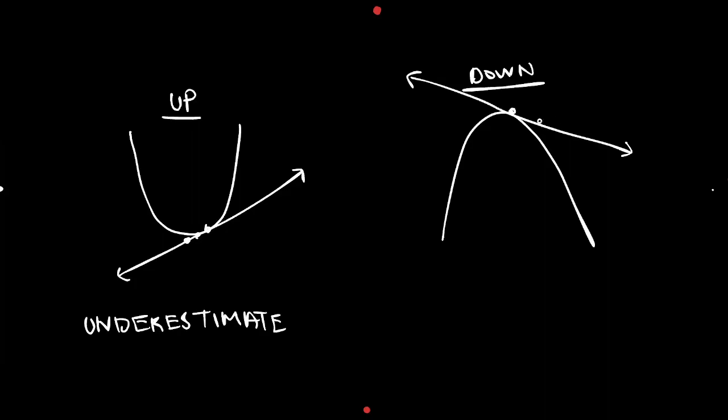If I choose this point here, the true value of our function is less than, or falls below, the value that our tangent line would approximate. So if we're looking at a concave down function, it's always going to be an overestimate. The value that we estimate is always going to be greater than the true value for our function.